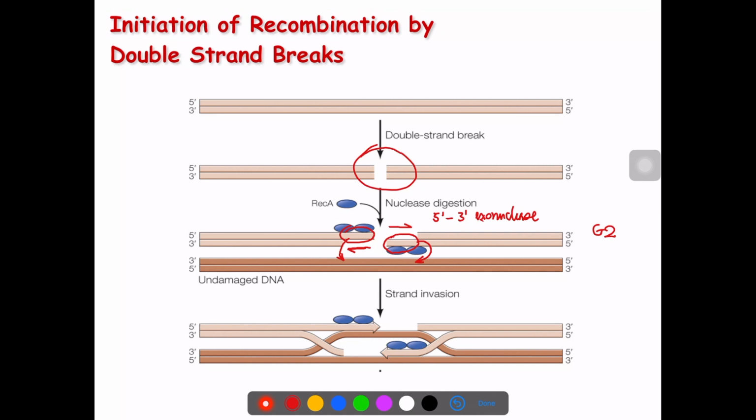So that single-stranded segment of DNA can then invade the other strand, and the process of invasion is actually driven by the engagement of another protein, one protein that has the ability to bind to the single-stranded segment of DNA that has been generated and drive that single-stranded segment to invade the double-stranded DNA molecule that it is homologous to.